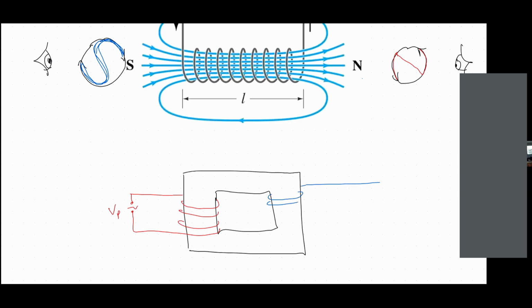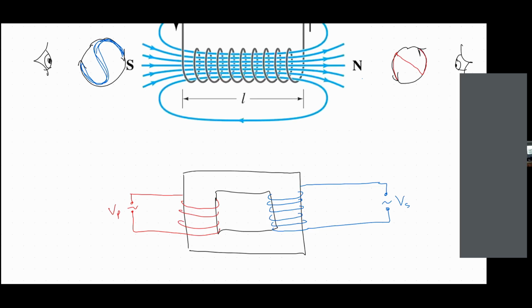Now, what's happening here is that my black square thing is an iron core. And what you end up doing with your iron core is building what's called a magnetic circuit.